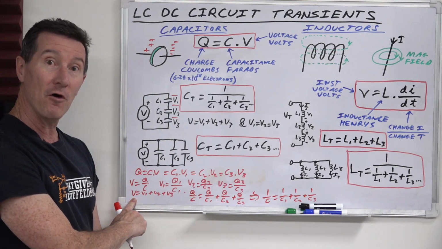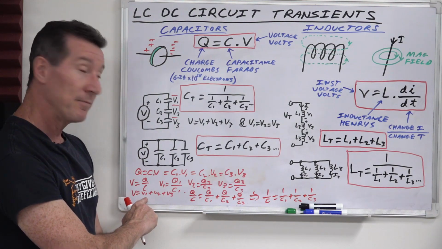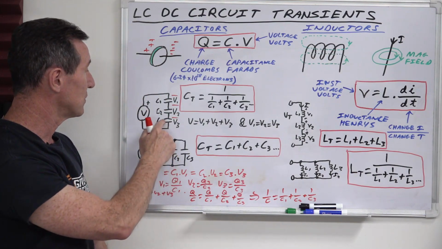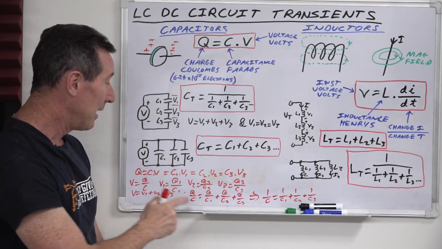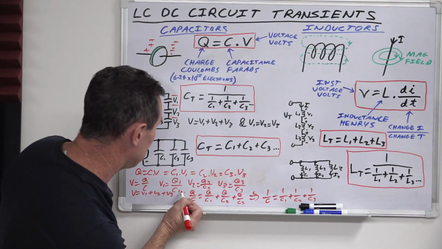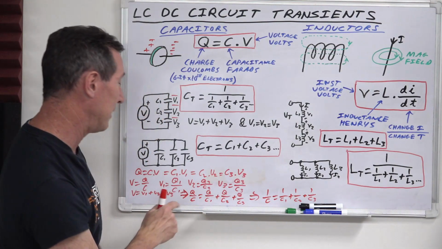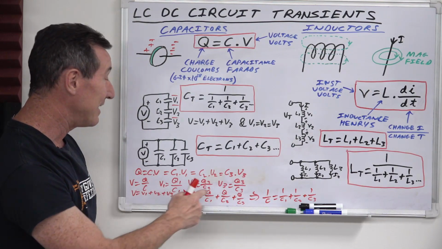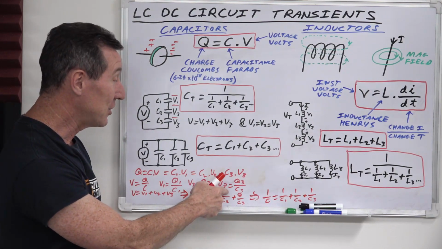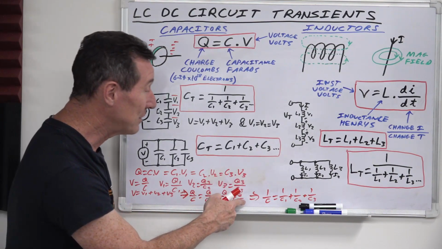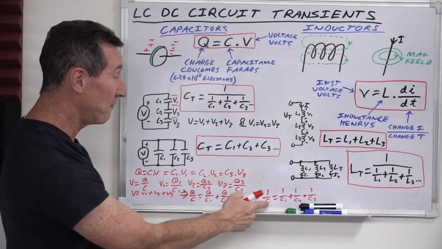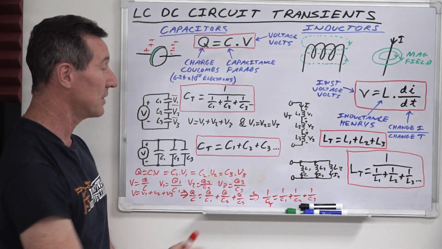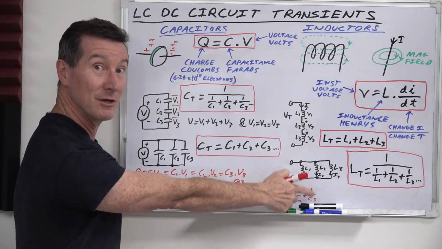Now, the total voltage equals the voltage across C1 plus the voltage across C2 plus the voltage across C3. The voltages add up, and if you substitute that in, then V is equal to Q on C, which is Q on C1, plus Q on C2, plus Q on C3, which then translates into our formula over here: 1 on CT equals 1 on C1 plus 1 on C2 plus 1 on C3.